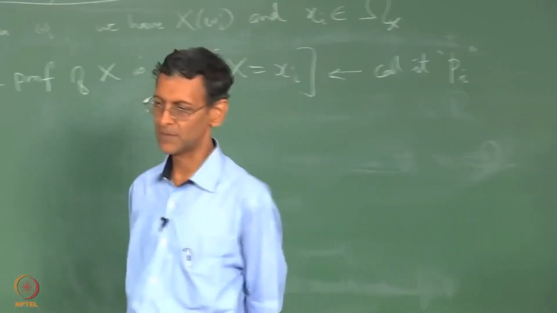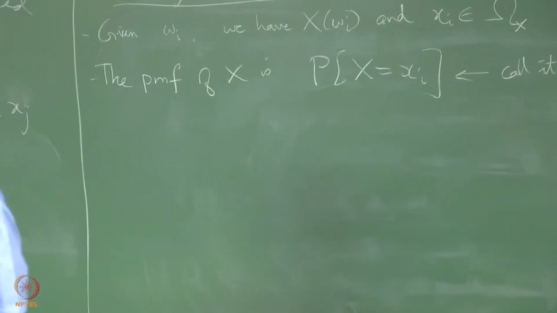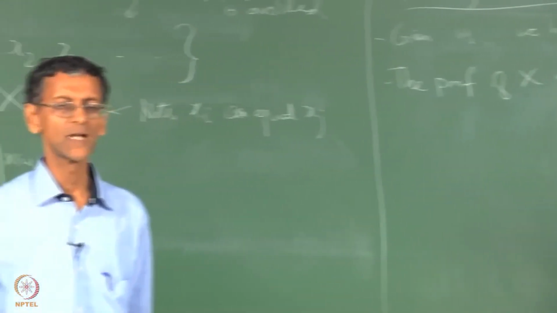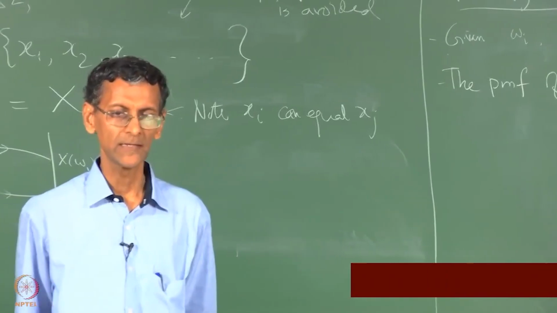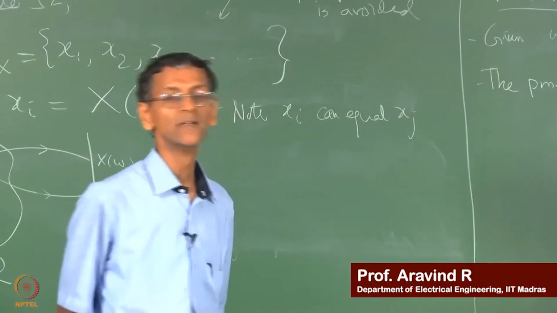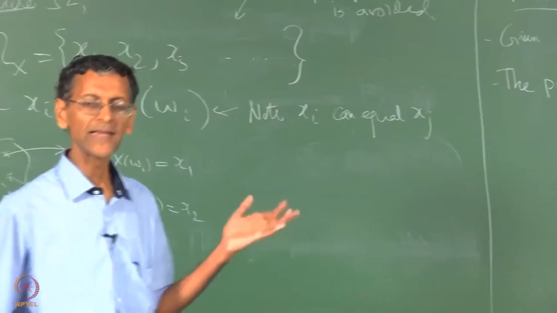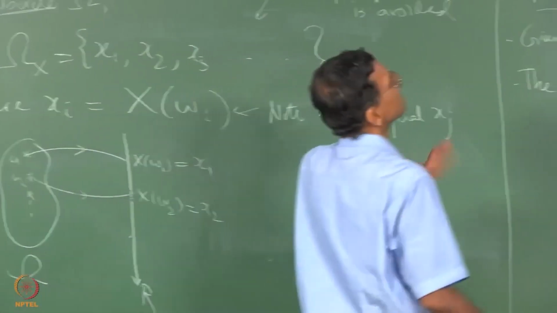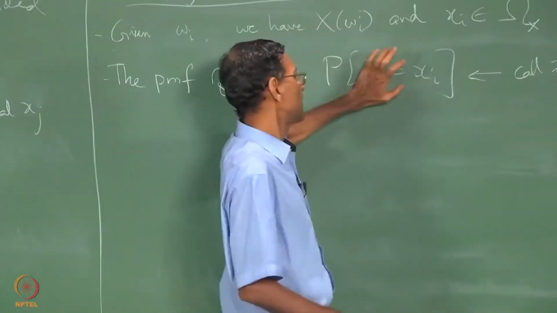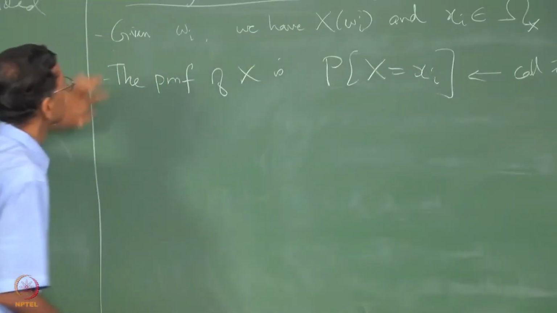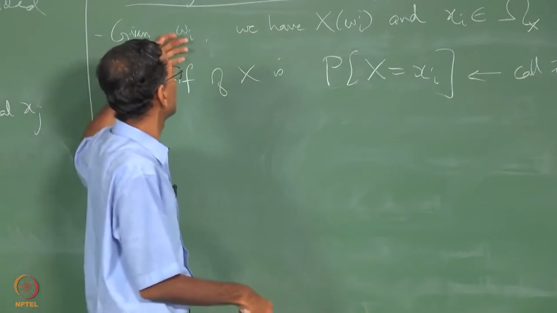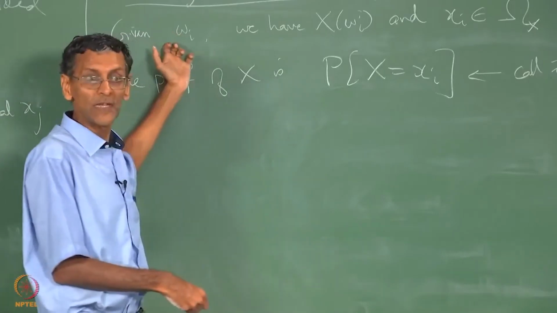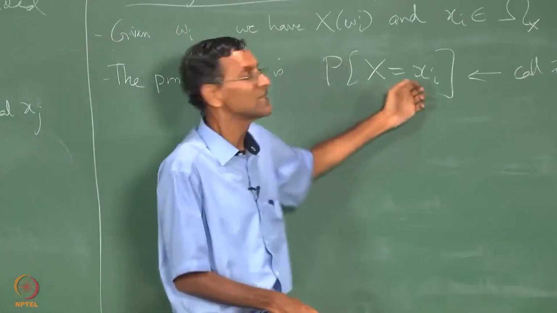And note that I am not going to put any rigorous limits on what i should be. I am just going to say i can be any positive integer typically. So why does this probability make sense? Because if you have omega i, and it has a probability, obviously this event has a probability.